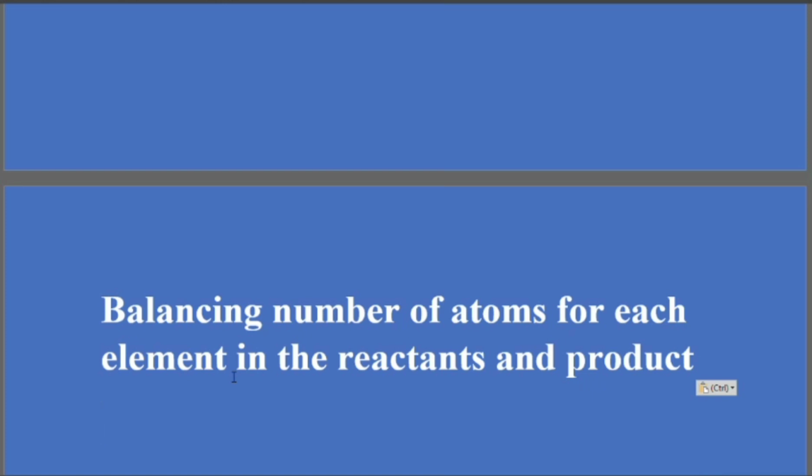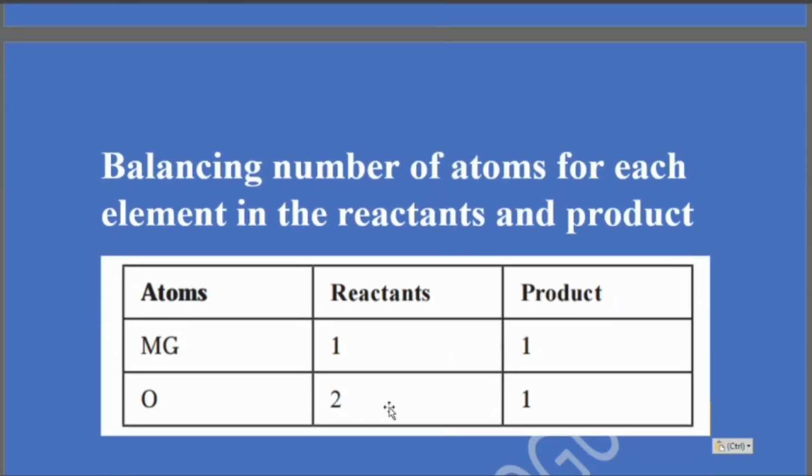Now we want to balance the number of atoms for each element in the reactants and in the product. Remember, we balance the number of atoms for each given element in the reaction that we have.